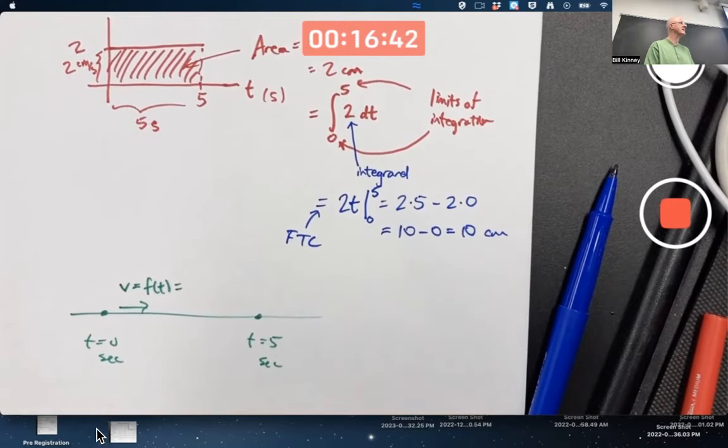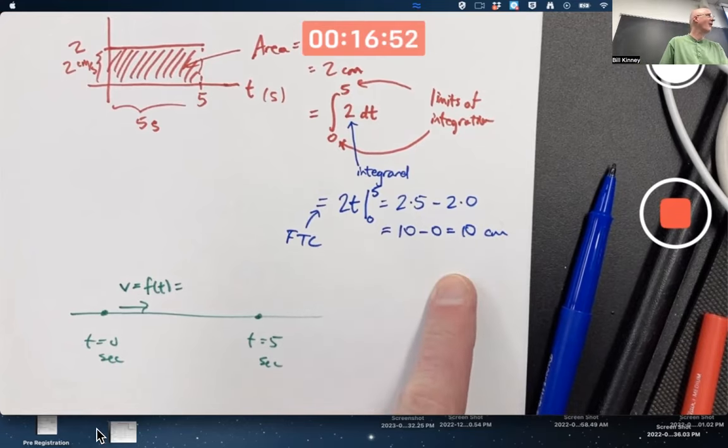Well, it could be lots of different things. If I try to make the distance traveled still 10 like before, the average speed better be 2 centimeters per second. Let's see, how do I make the average speed 2 centimeters per second over 5 seconds?